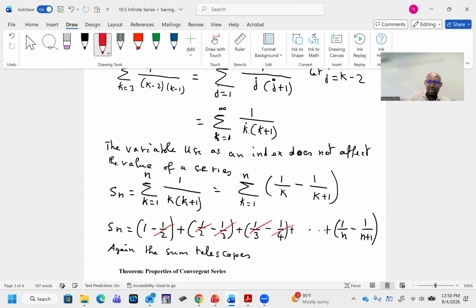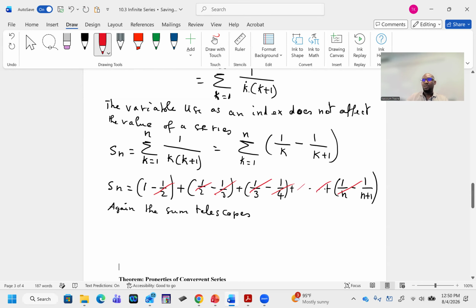This and that will cancel out. And so it will be left with just, Sn will be what? 1 minus 1 divided by n plus 1. Right?